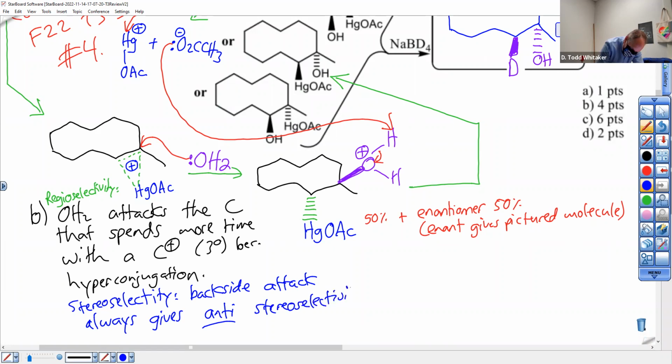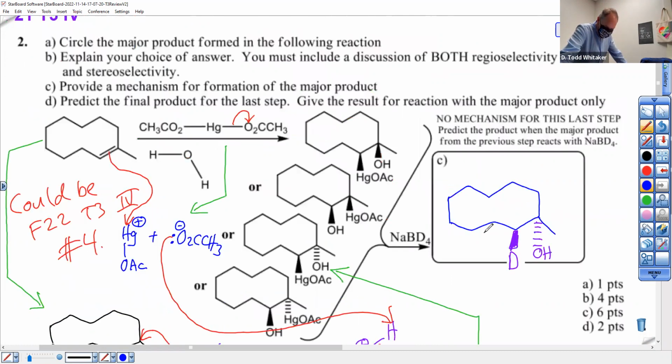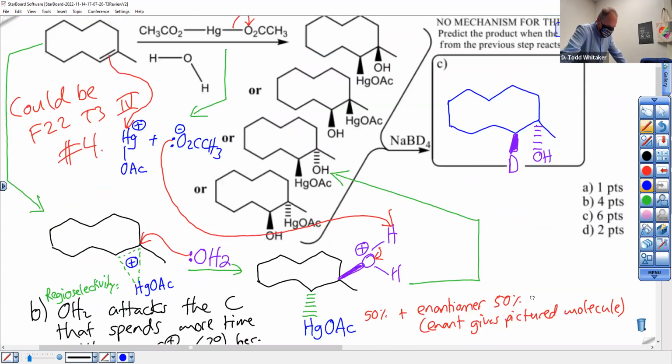I don't need the guy's name in the regioselectivity, the Russian guy. Don't need it. Not big on guys' names. Okay, so I have 4 points for B this time. That's a lot. You are explaining 2 things, that's why. What about D? Oh, we did that. There you go. So we're good with that one.